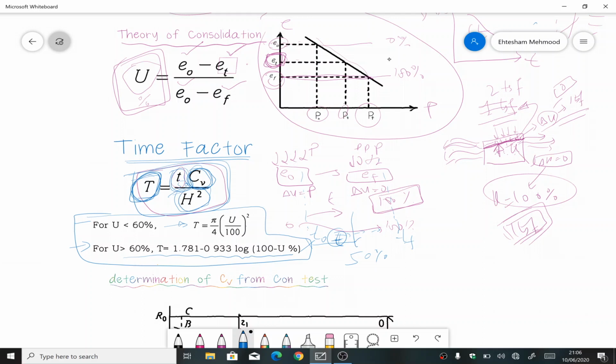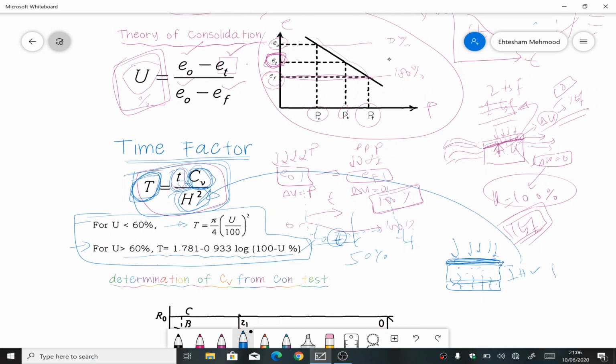And H squared. Now H is the drainage path. If I draw a soil specimen here, and this is the load applied, and we have a porous stone at the bottom, water can move in this direction. If there is nothing on the top, or let's say there is an impermeable layer on the top that does not allow water to pass through it, then the height of the specimen would be equal to the H value that we use in this equation.